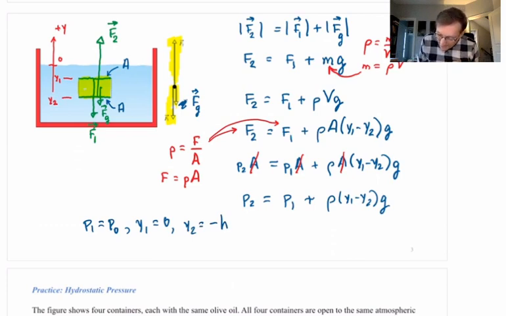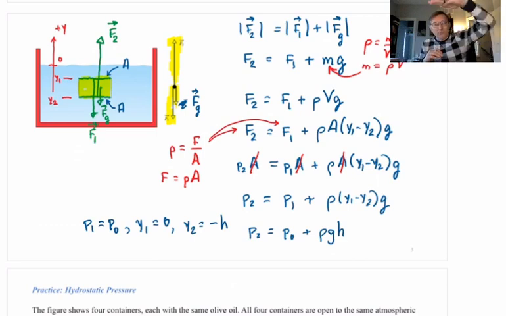And when I do that, this formula becomes P2 equals P0 plus rho g h, which is the formula I showed you before, and which is very handy for finding the pressure at a depth h below the higher level. The pressure at the lower level, P2, is the pressure at the higher level, P0, plus more: rho times g, times whatever the vertical depth is.